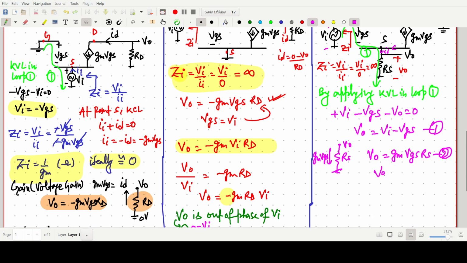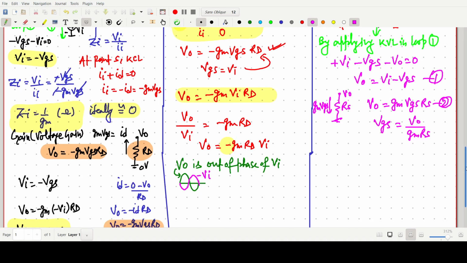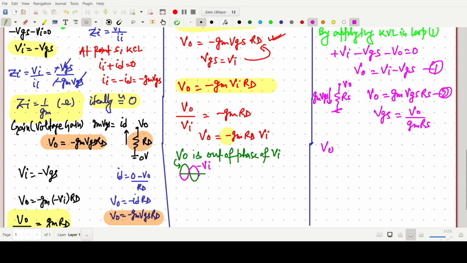So from equation 2, VGS can be written as V naught by gm RS. Now we have to put this VGS value in equation 1. V naught equals Vi minus VGS.